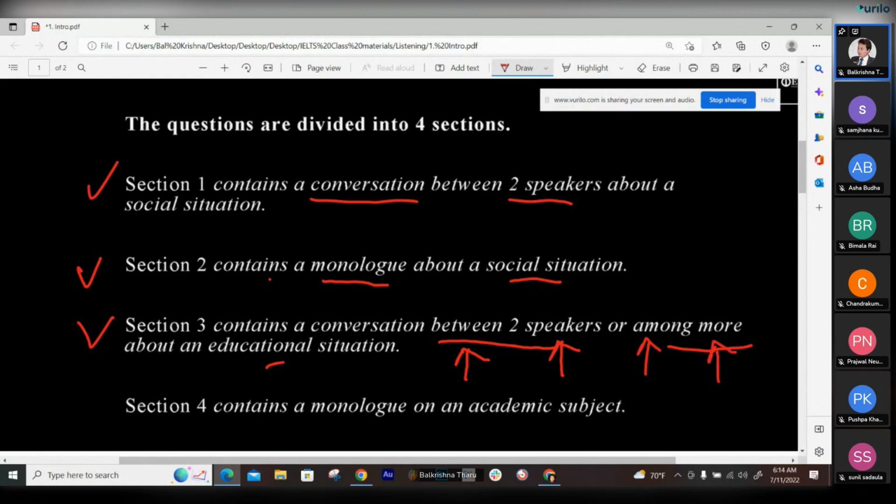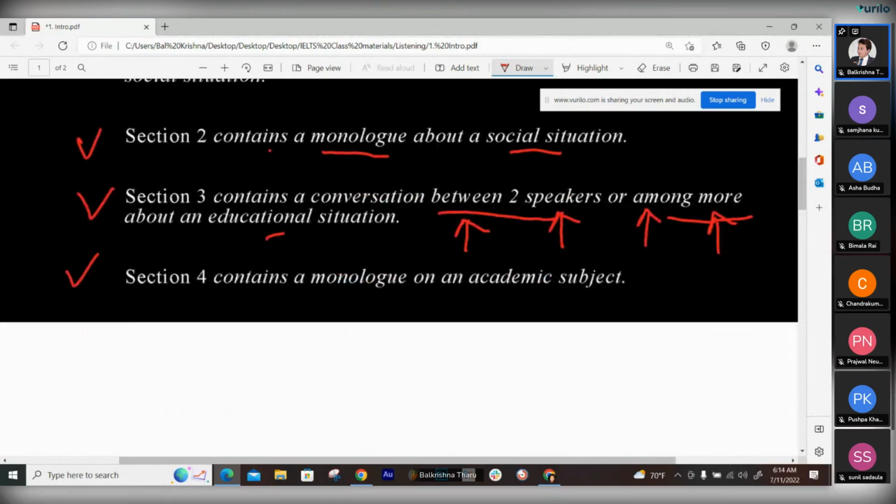For example, the relationship between two people. The relationship between two people, the relationship among many people, right? Okay.